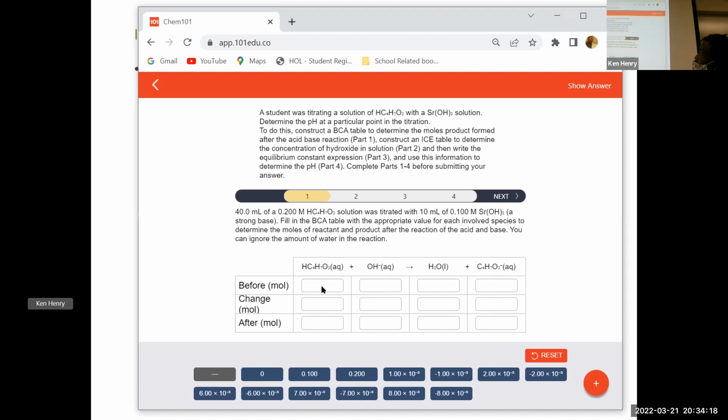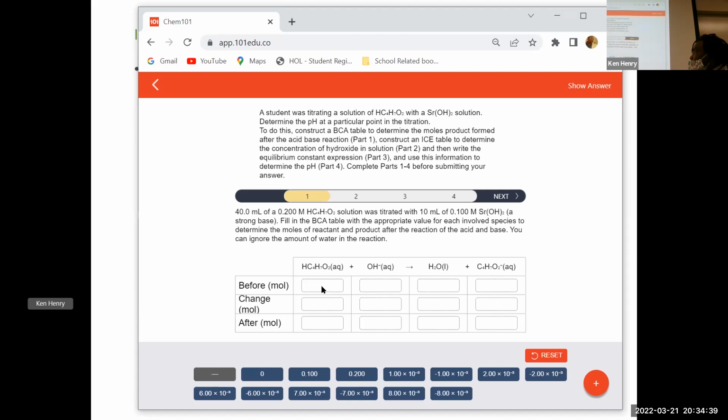Construct an ICE table to determine the concentration of the hydroxide solution, part 2. And then the equilibrium constant expression, part 3. Use this information to determine the pH, part 4. Complete 1 through 4. Submit your answer.